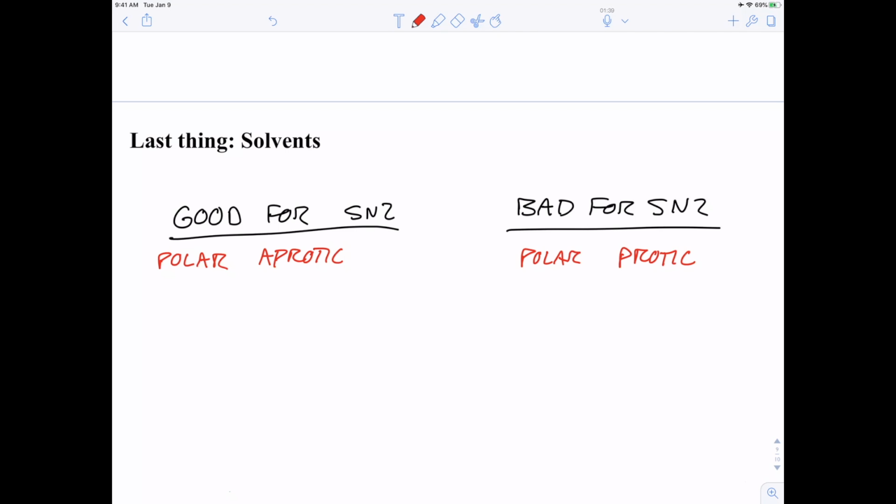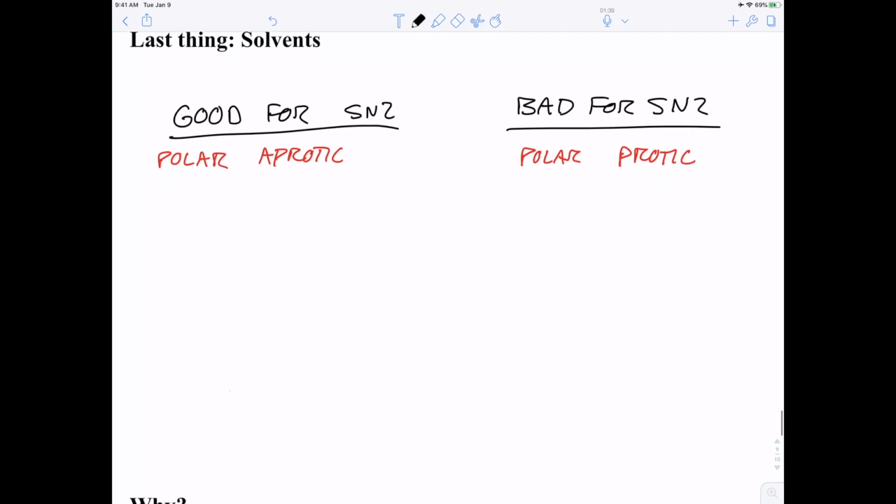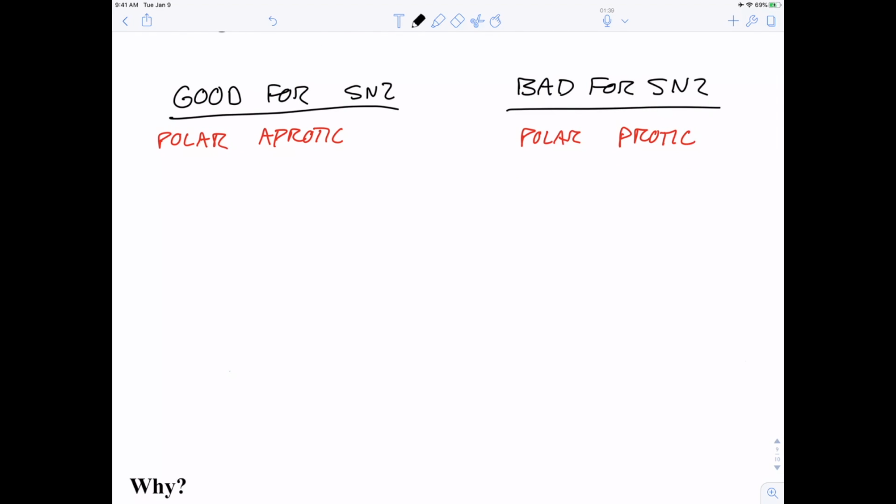So let's give some examples of each of those. We've got a lot of favorites here. Things like, we saw DMSO earlier, that's this. So we can see there's no OH bonds there, but it is pretty polar if we think about a dipole like so. Another common one, acetone, which is just kind of the carbon version of DMSO. We have DMF, or dimethylformamide, or amide, whatever you like.